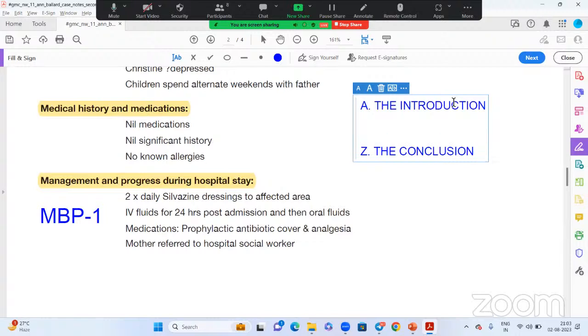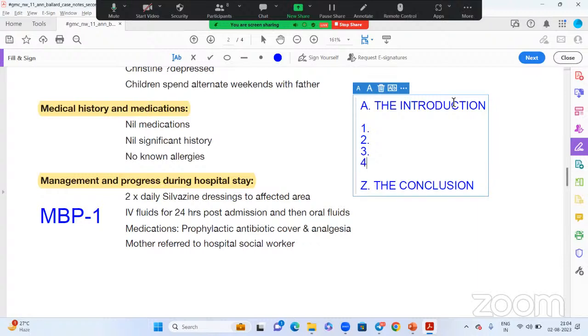In between, we have number 1, number 2, number 3. And here, because 2 people are involved, we'll write a 4th, additional paragraph. So now let us see here. The introduction you write, then here, the hospitalization stage.